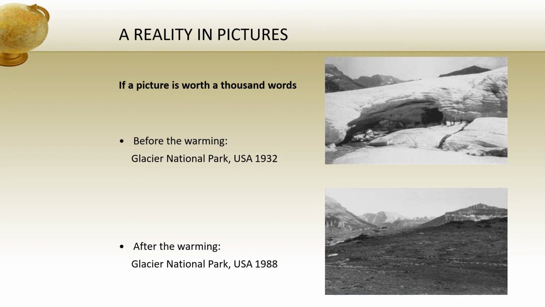And the second picture, after the global warming, what happens? See the picture of Glacier National Park. Its scenario has been changed. It is in 1988. See the situation. In the top picture, there is lots of ice. Ice is present everywhere. And in the second picture, ice is all melted. So this is the effect of global warming.